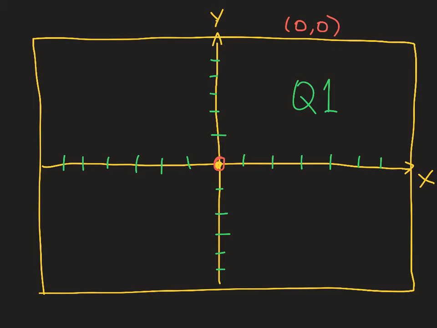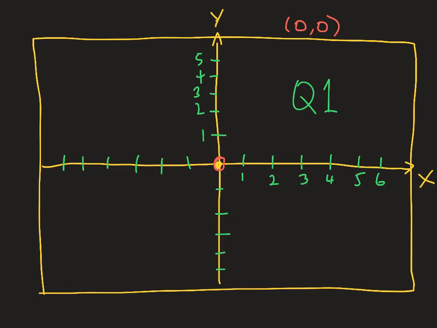If we number these 1, 2, 3, 4, 5, and 6, and the y-axis 1, 2, 3, 4, and 5, both sides are positive. So in quadrant 1, you're only dealing with positive numbers.